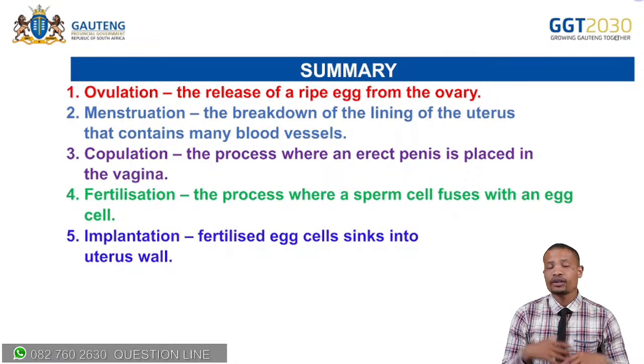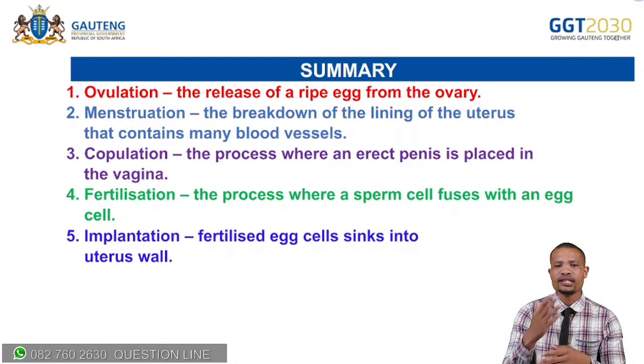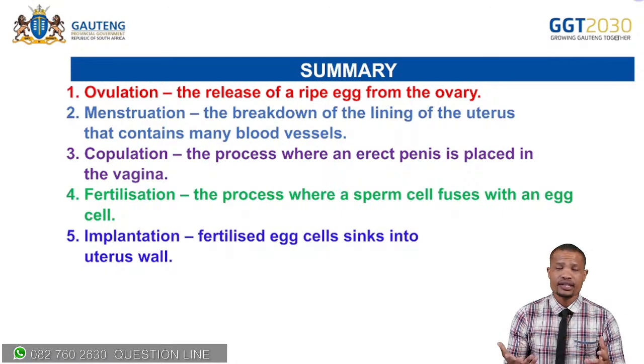Okay, then copulation is a sexual intercourse where an erect penis is placed inside the vagina. After some time that will stimulate the testes to release sperms and semen, and when ejaculation takes place, those sperms will shoot out into the female vagina and go look for an egg in the oviduct.